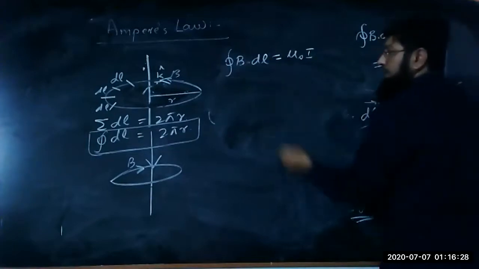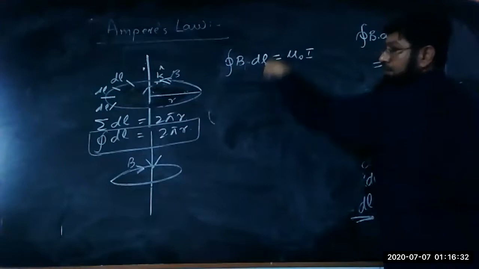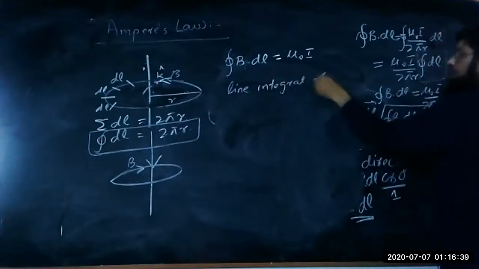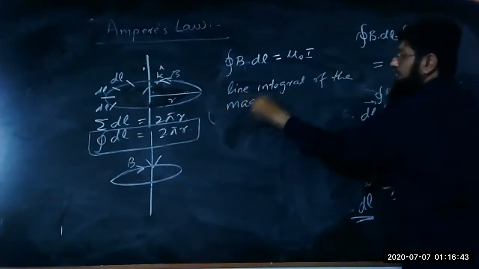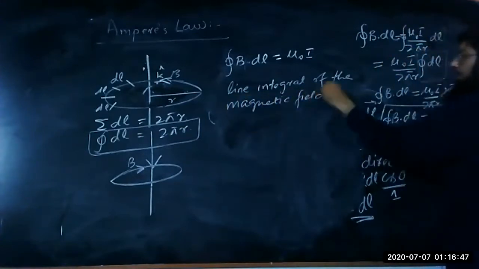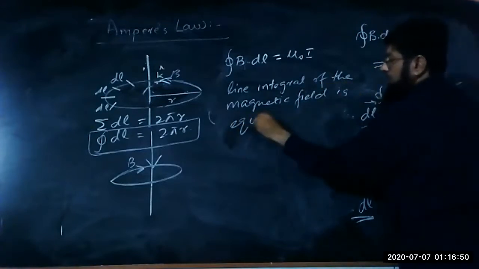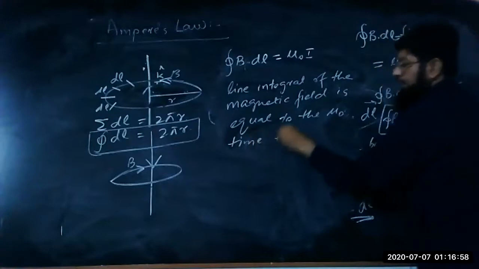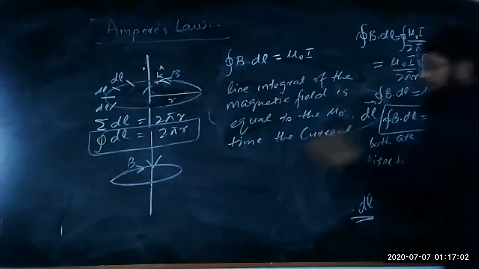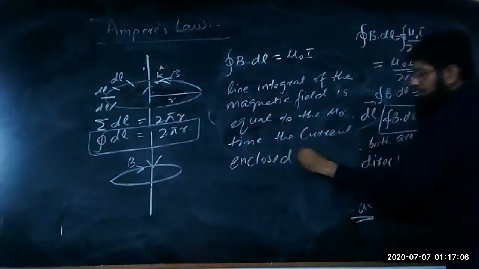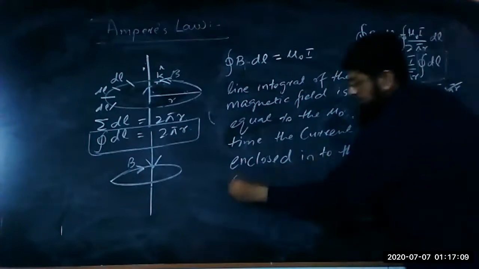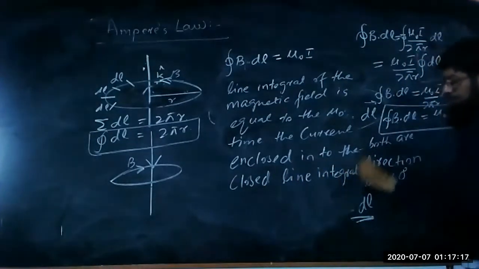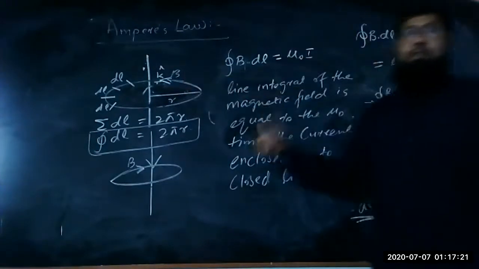Its statement is that the line integral of the magnetic field over a closed path is equal to mu naught times the current enclosed. This is known as Ampere's law.